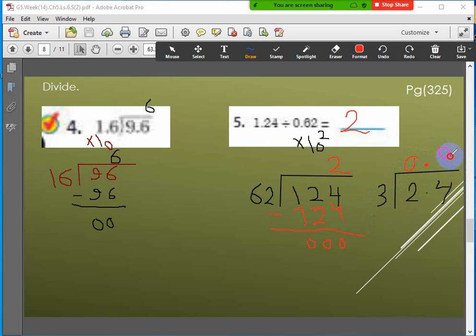Very good. Equals 8. Because 8 multiplied 3 equals. Very good. Now, if you subtract the numbers, the remainder will be what? 0. Thank you so much. Okay, thank you, girls.